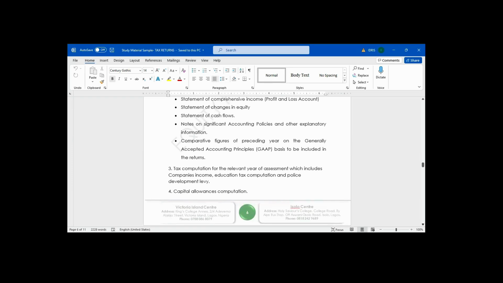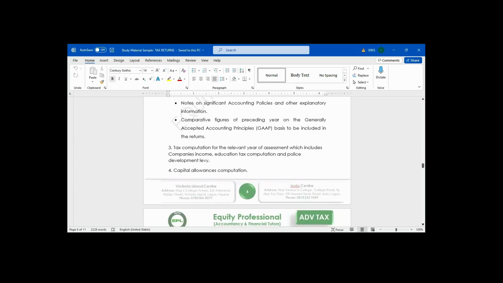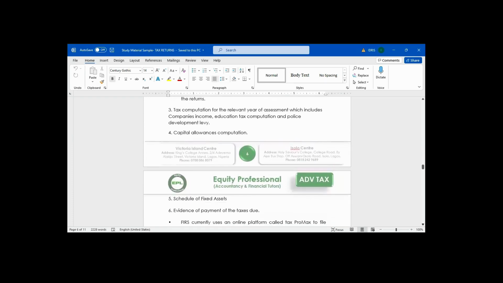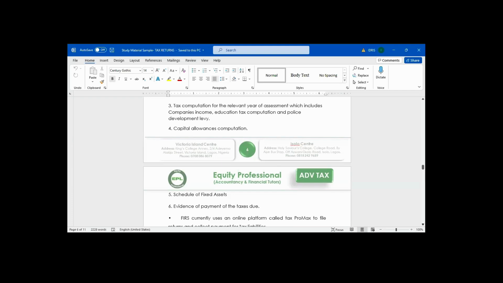Police development levy. Number four, capital allowance computation. Capital allowance what? Computation is number four content of company income tax return. Why number five content of company income tax return? Schedules of fixed assets. Schedules of what? Fixed assets.